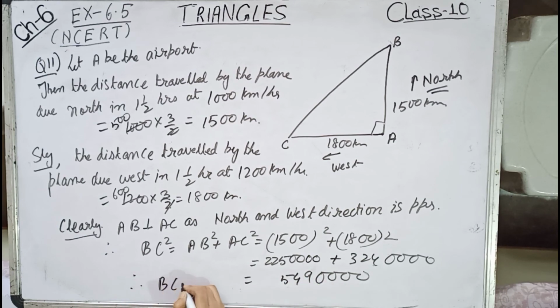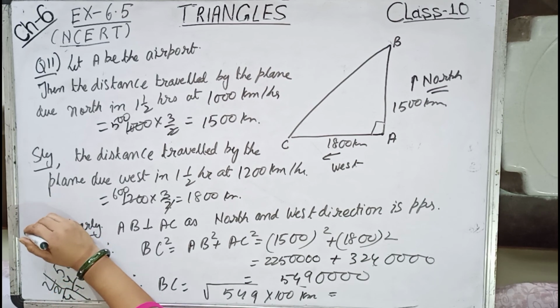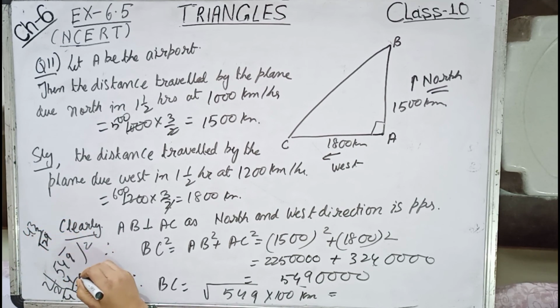Therefore BC will be under root 549 into 100 kilometer. Now take out the square root of 549. It is a 4, then 2, 4, then 43, 3 is 129, and 44, 4s will exceed.